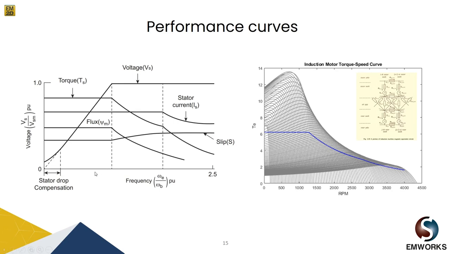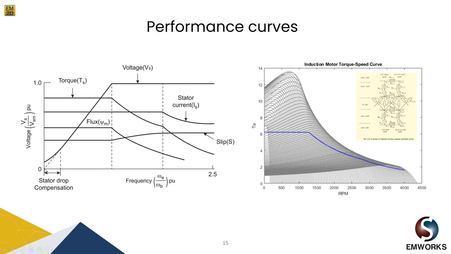Because at each speed, we should do a sweep over the rotor slip, and then we should find the corresponding maximum torque in that slip sweep. So at each speed, we have to do several simulations.